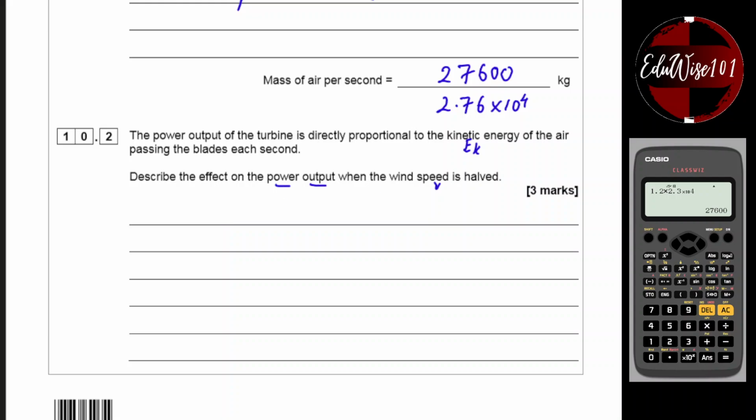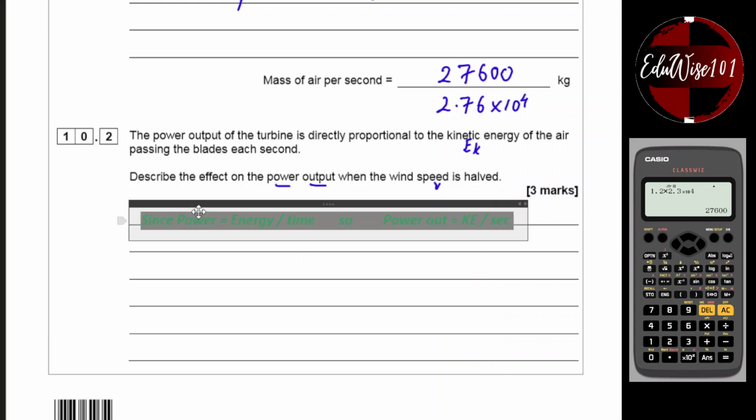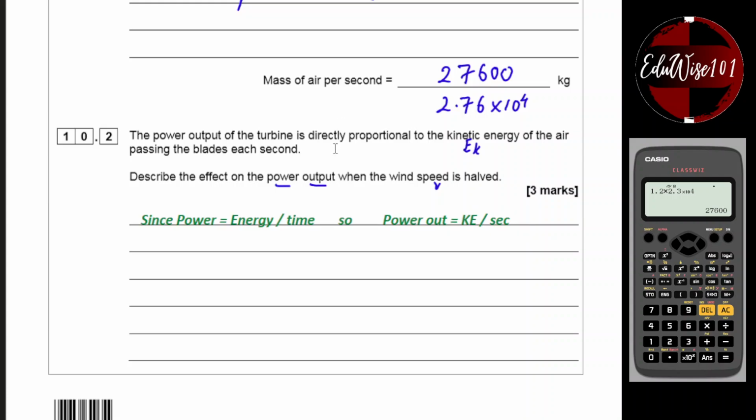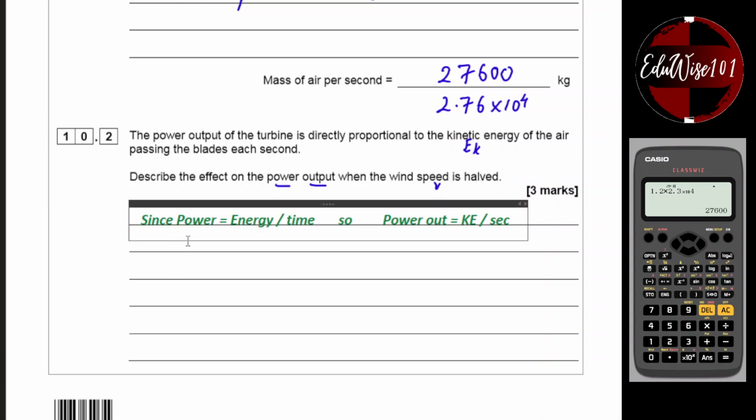Remember the equation for power is energy divided by time. Now, here we are talking about kinetic energy, so power output is the kinetic energy divided by per second.